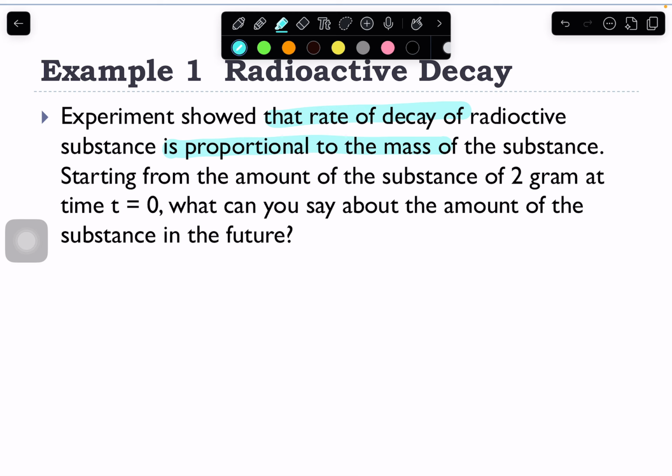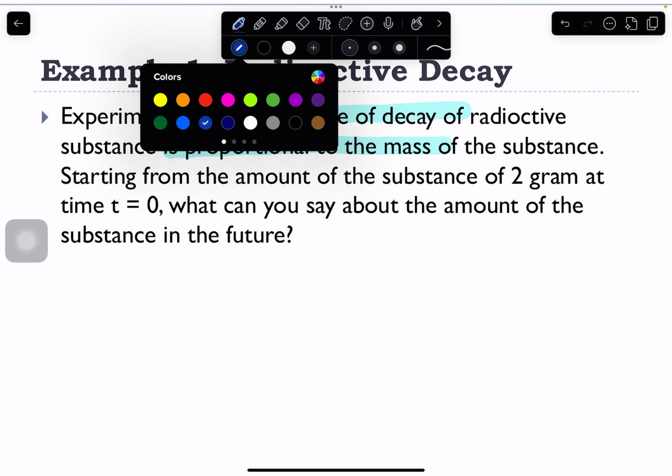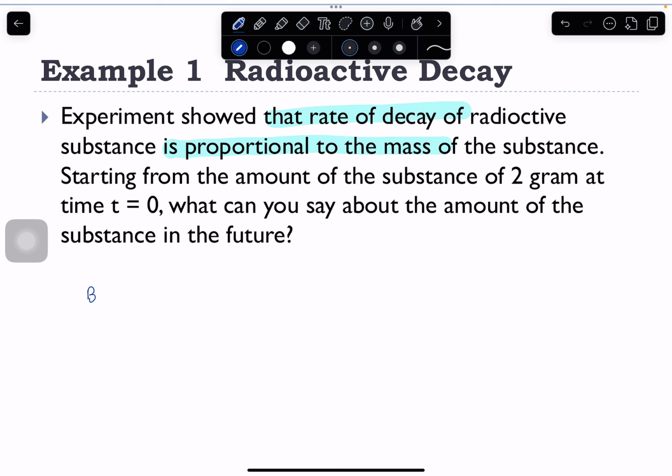Let's call the radioactive substance B, and B depends on T. B is defined as the amount of the radioactive substance at any time T.